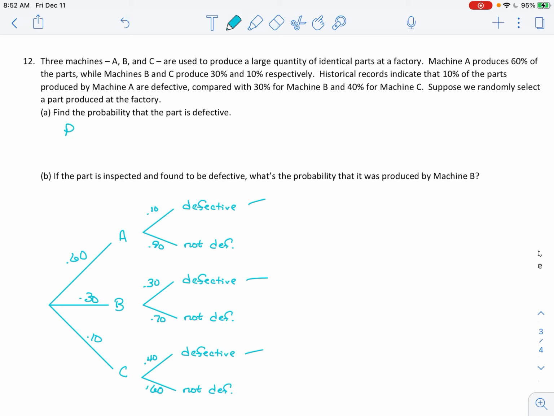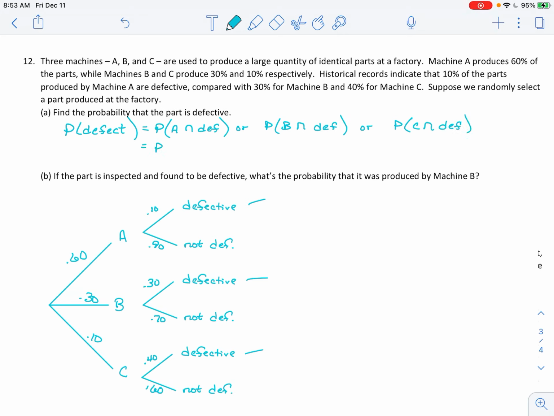So I'm going to put the probability of a defective part could be machine A and it's defective, or machine B and it's defective, or machine C and it's defective.